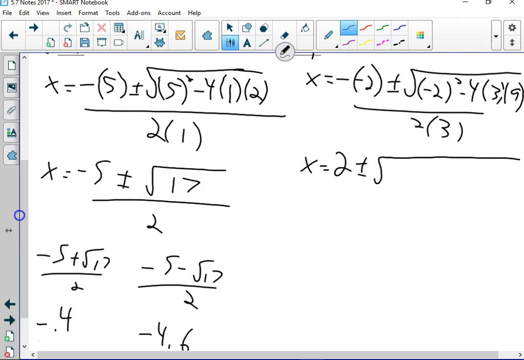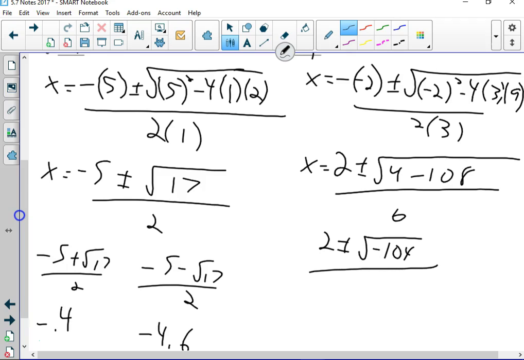Minus, and this one's a little harder, so I'm going to write it out. 4 times 3 is 12. 9 times 12 is 108 over 6. All right? So at this point, we have 2 plus or minus the square root of negative 104 over 6.